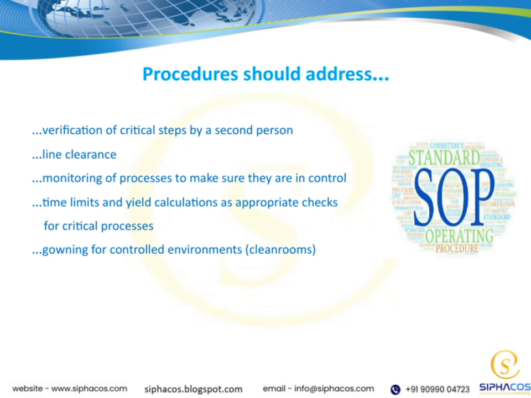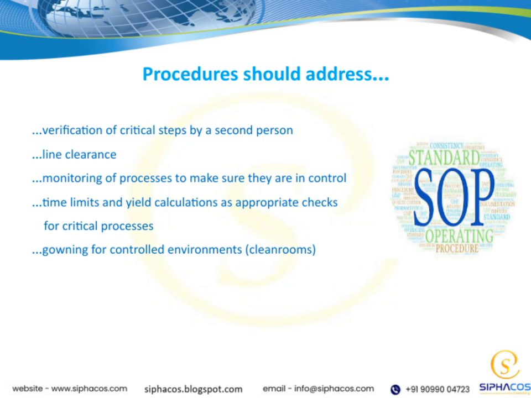Monitoring of processes is another critical point. We must continuously check that everything stays in control, parameters like temperature, humidity, or pressure, so that the process remains consistent and predictable. Time limits and yield calculations also play a big role, especially for critical processes. They help us verify that processes are completed within the right timeframe and that yields meet our quality standards, ensuring efficiency without compromising quality.